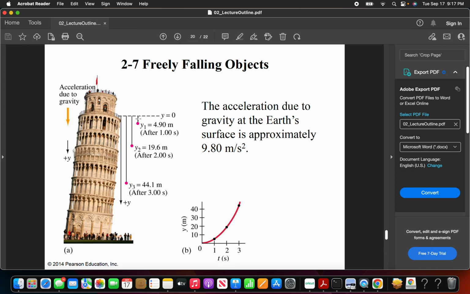Vertical. So we're dropping some object off of the tower, and we're calculating how far it travels after so much time has elapsed, right? And we're going to do an experiment like this, okay? And we're going to create one of these plots, okay?